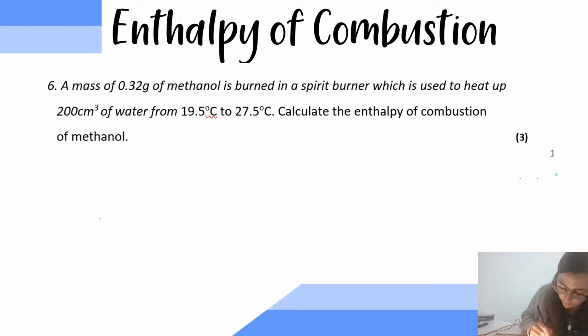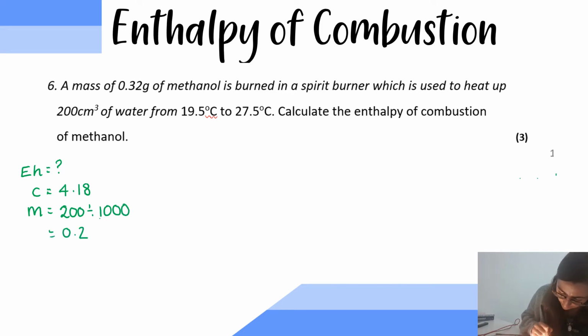So first of all, I'm going to be using EH equals Cm delta T. So I'm trying to find EH, the energy released. My C is always 4.18. My mass, I've got 200. I need to get that into litres, so I'm dividing it by 1000 to get 0.2. And my delta T is my end temperature, take away my starting temperature, which is 8 degrees.